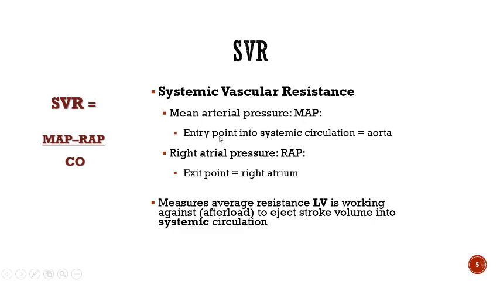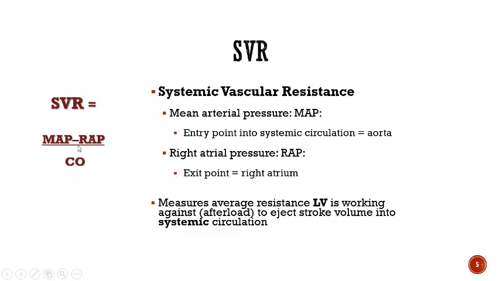This is the entry point into your systemic circulation, which is your aorta, your aortic artery. It also is going to be looking at your right atrial pressure, or RAP, which is the exit point of systemic circulation, your right atrium. You're then going to divide it by cardiac output.